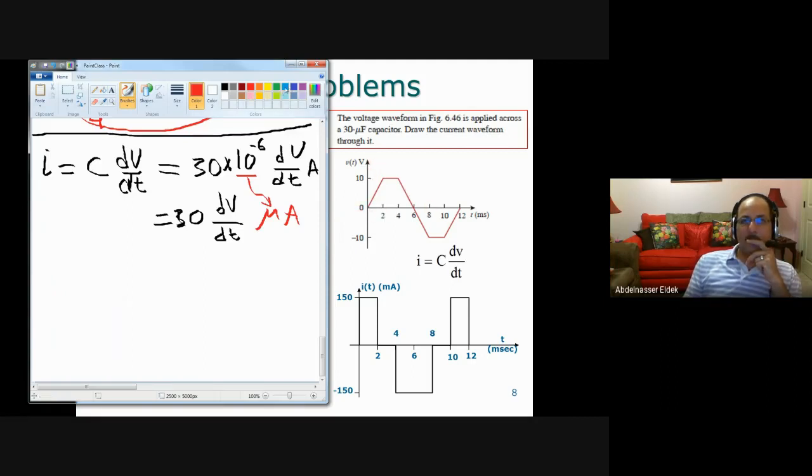The question here is how to find this dV by dt. dV by dt for a line is the slope. So if we have any line like this, find the slope, which is tan of this angle here.